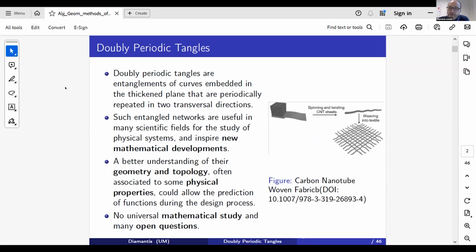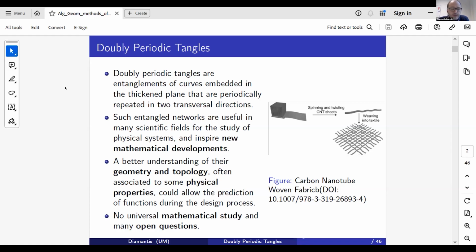They are very important in the study of physical systems, since their properties are associated to the physical properties of the systems. For example, elasticity, energy even, and other things. So a better understanding of the geometry and the topology of these objects will give us a better understanding of their physical properties in general. That's what we believe.